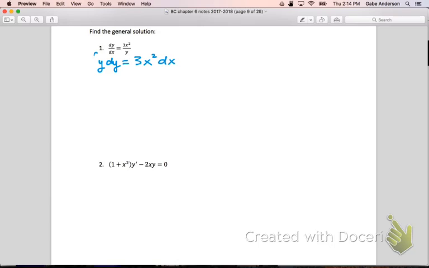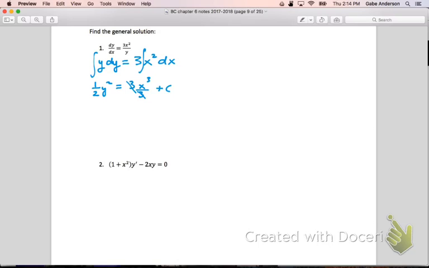Once you've done the separation of variables, we are going to integrate both sides. Integrating gives us 1/2 y squared is equal to 3x cubed over 3 plus c. Of course, the 3's cancel out.